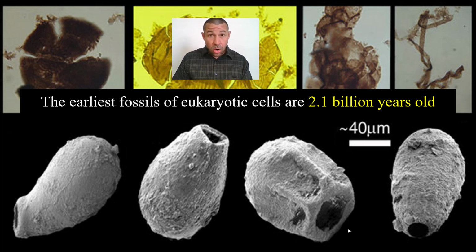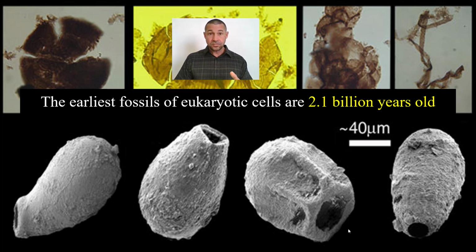So all that O2 in the atmosphere is now going to allow cells to get physically larger. So they can get away with a smaller surface area to volume ratio because of the increased partial pressures of O2 in the atmosphere.